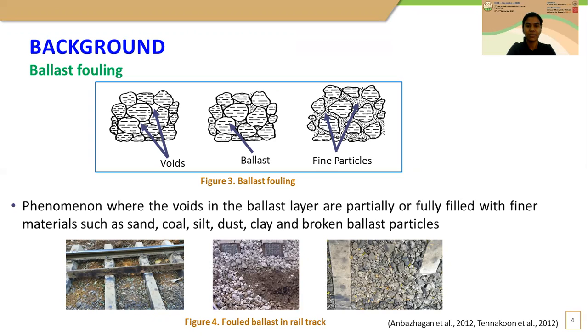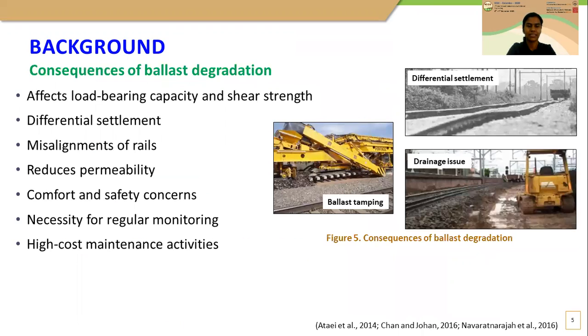As you can see from figure 3, with time fouling is increasing. When the fouling is higher, the contact between the nearby particles almost vanishes. So ballast fouling is one of the major factors in ballast degradation.